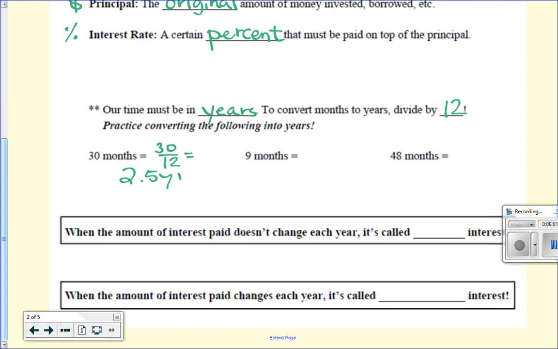So that's 2.5 years, right? There is a formula, you will see this, the formula will be on your reference material. Okay, so there's nothing to memorize, but you do need to know that it has to be in years. If you're given months, you'll have to make that conversion prior to putting it into your formula. 9 months is what?